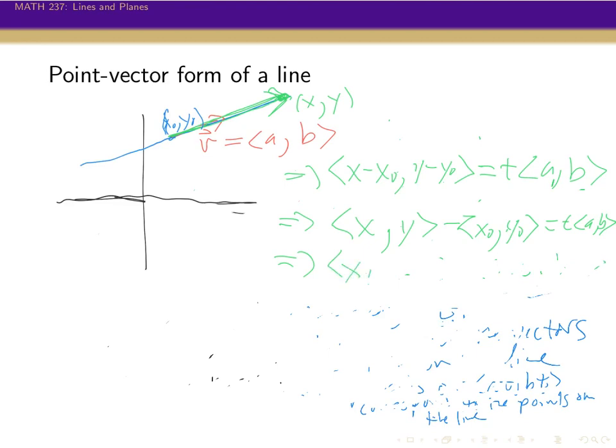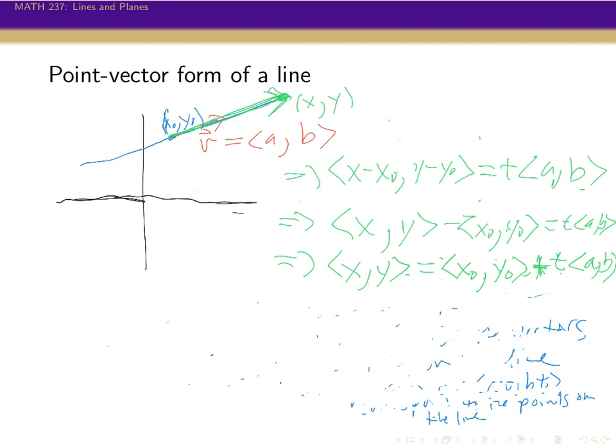And so then, solving for x, y, it's going to be x naught, y naught plus t times a, b. Okay. And as we change t, again, same as before, we're actually going to be able to get all the points on this line.